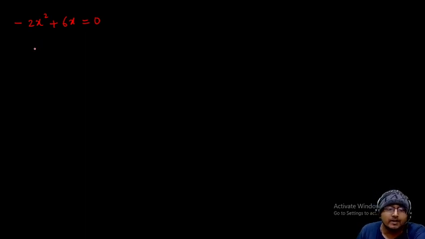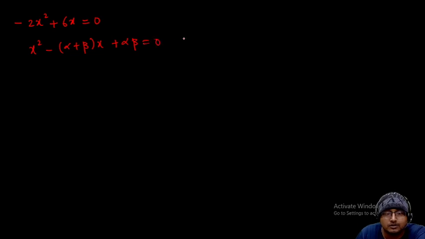Now you tell me whether this is in the standard form. What is the standard form in the factorization method? What I told you: x square minus (alpha plus beta) into x plus alpha beta equals 0.